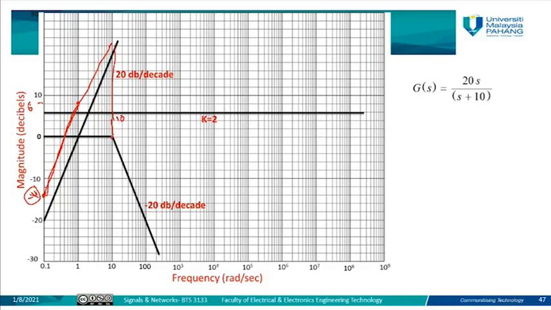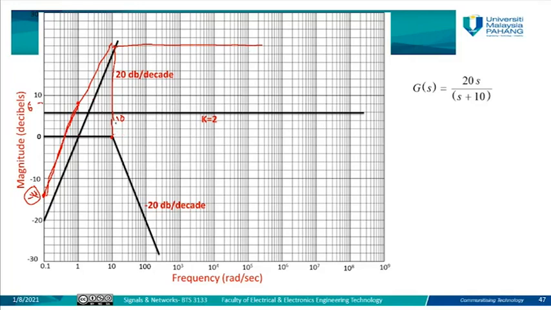Why this point? Because at this frequency we have another slope. So this slope will go by negative 20 dB, while the other goes by positive 20 dB until it reaches 10. So we have one positive 20, one negative 20, and the result will be that the slope is 0. So it will go straight.